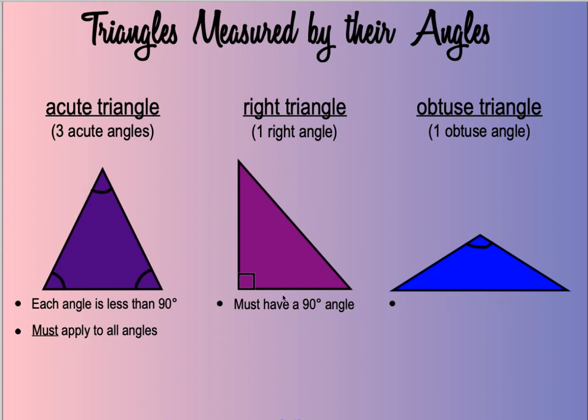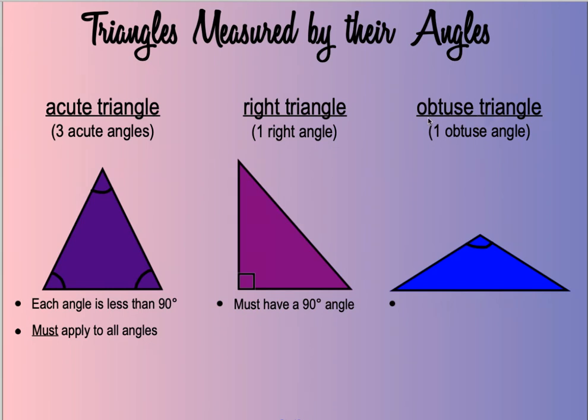If I know that it's going to be 180 altogether, this is already half of the total measurement of the angles. So these would both have to be acute. That's why I can't just look for one acute angle when I'm talking about my first type, the acute triangle. That's why this has to be all three acute. Hopefully that makes more sense now.